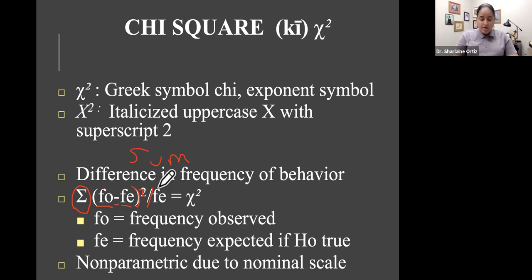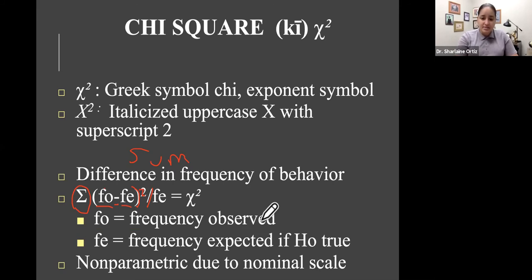So what does this mean? We're trying to distinguish the difference between each individual cell, each individual category, each individual box, versus what we would expect that tally to be.